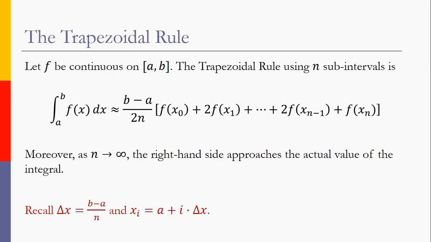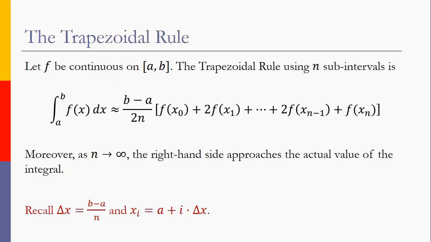Note that the coefficients for the two endpoints are 1 and the coefficients for the points in between are 2. Moreover, as n goes to infinity, the right hand side approaches the actual value of the definite integral.